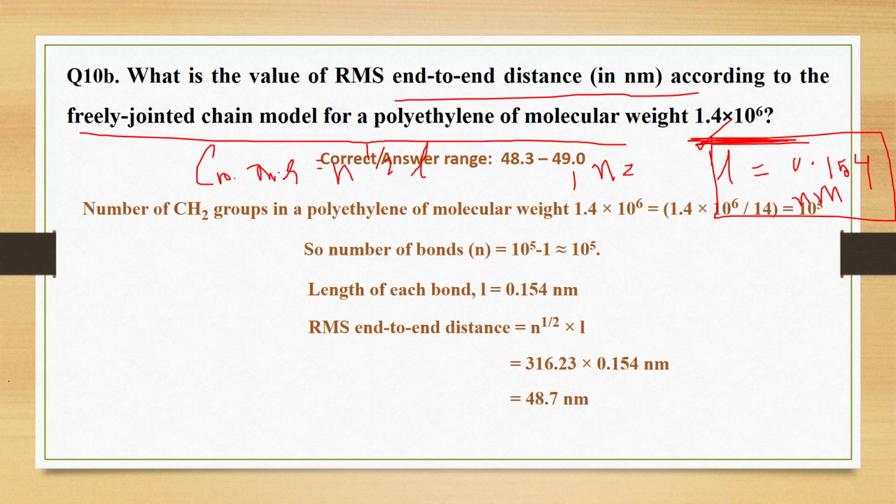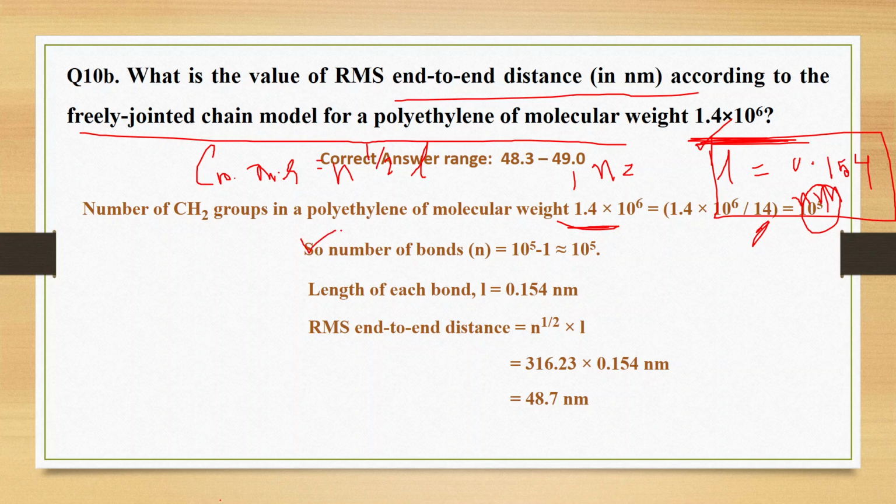The number average molecular weight is given, similar to the last problem. Here CH2 is 14. So when you divide that, you already know there are 10 to the power 5 CH2 units present.